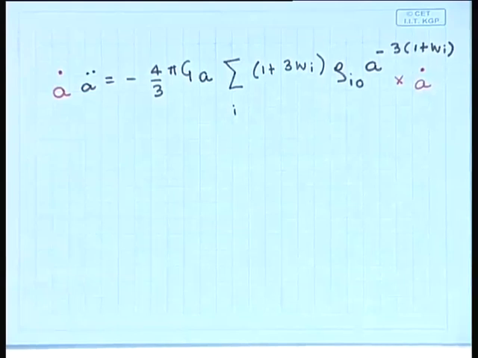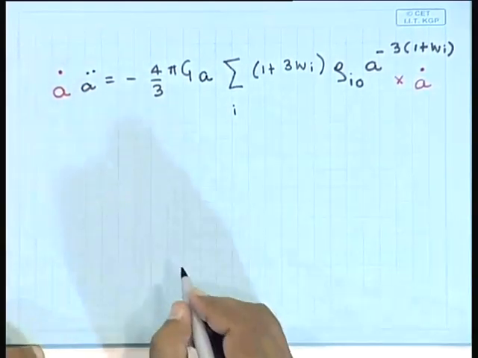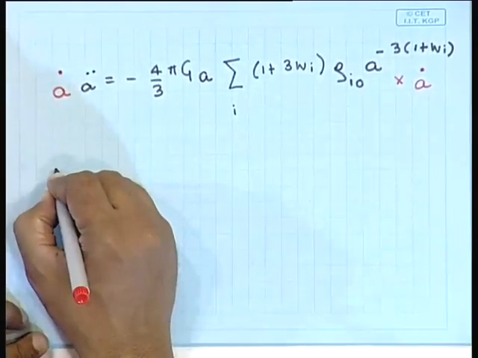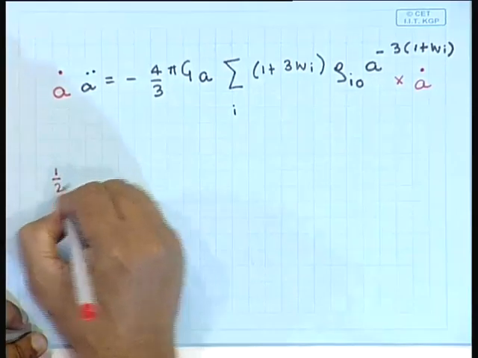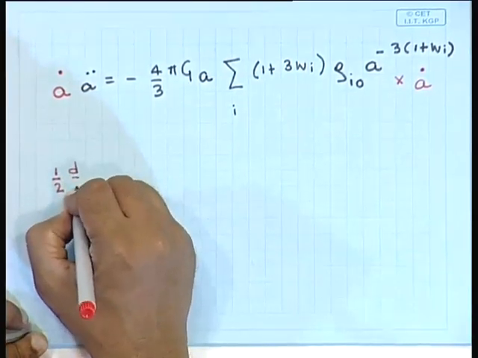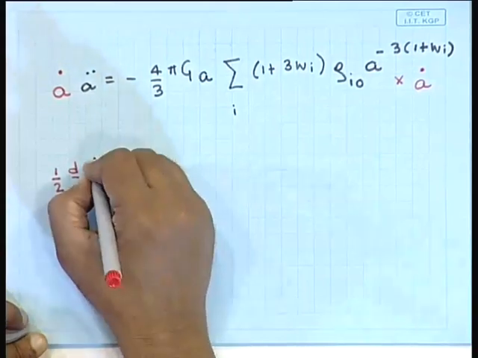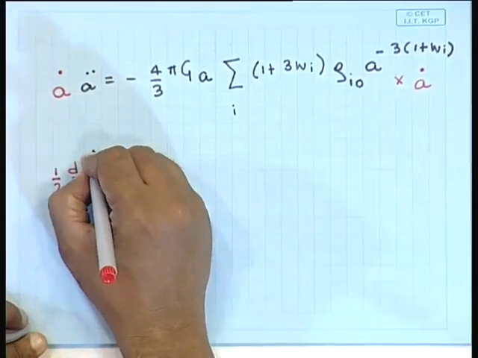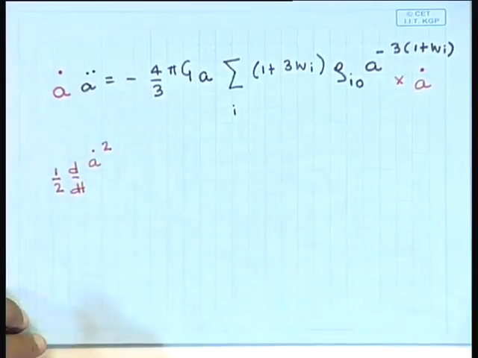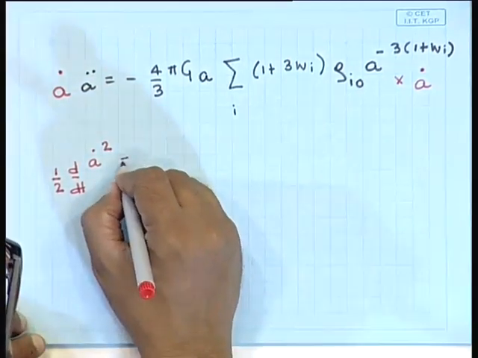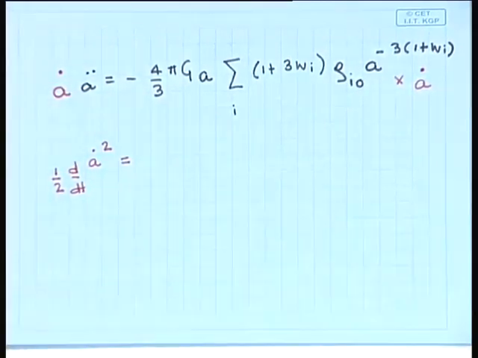The left hand side of this equation is straightforward, it is half of the derivative of A dot squared. The right hand side is a little more complicated, not very complicated. So, let me take this up afresh in the next class. Let me stop here for today.